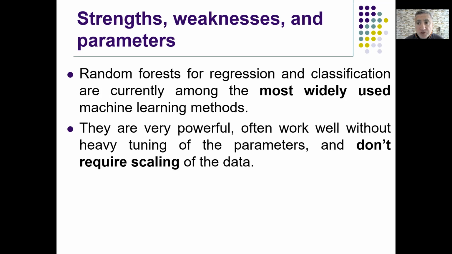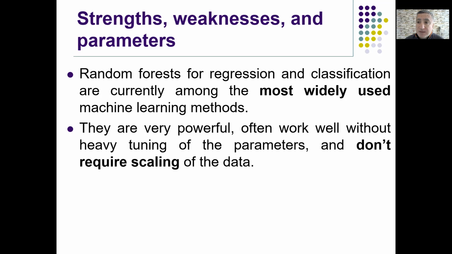As I said, if you check the Kaggle competitions, still most of the people get very competitive results with random forest and gradient boosted trees as well. And they don't have many parameters like in deep learning. So it is very easy to decide about these parameters.